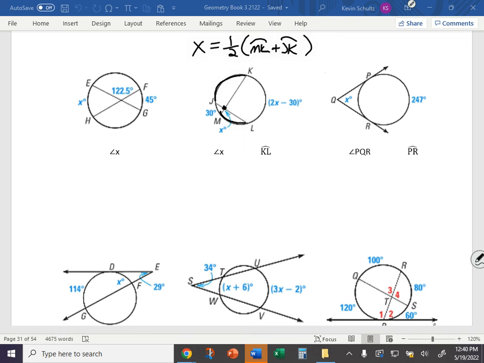We don't have values for those. We are given values for the other 2 angles, okay? And so what would the measure of this angle be here? We do have arc measures for this angle, KL and JM, but we don't have a value for that angle. So what do we write?